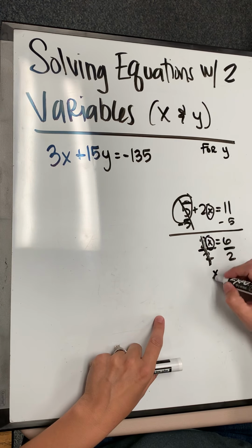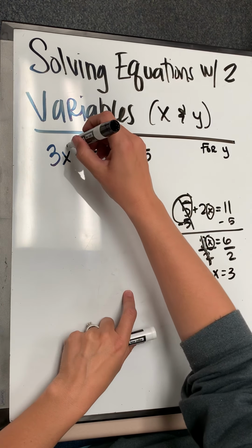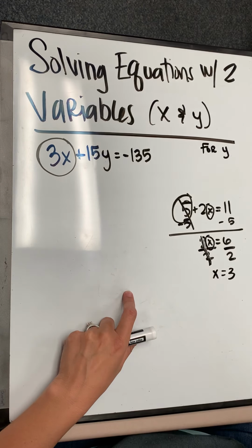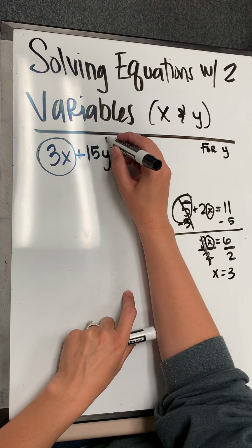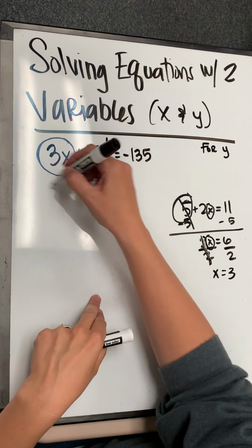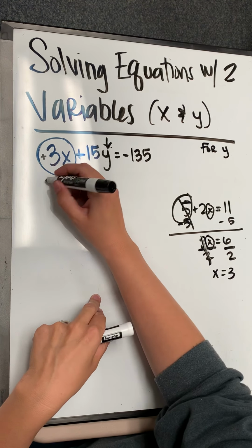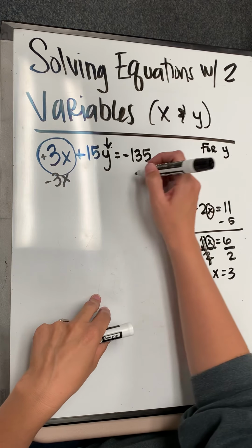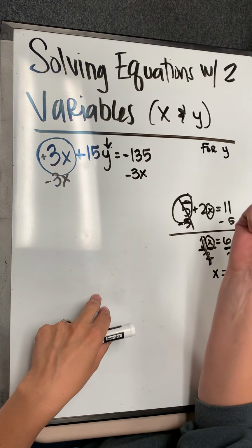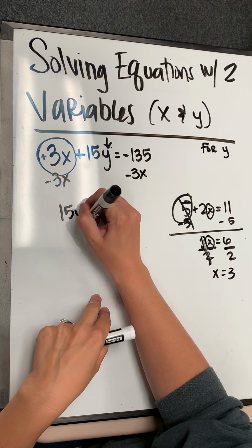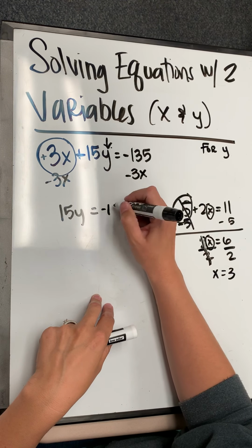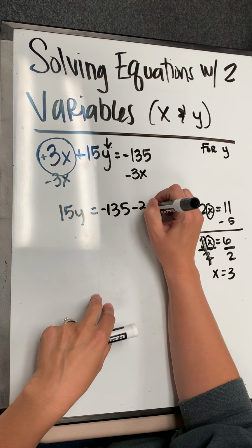Same thing here. We first have to get rid of this whole term because we're trying to isolate y. So to get rid of that whole term, we do the opposite of what's out here. So we have to subtract 3x. So over here, we're gonna minus 3x. So now I have 15y is equal to negative 135 minus 3x.